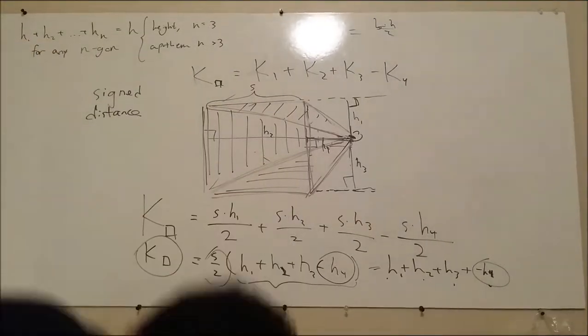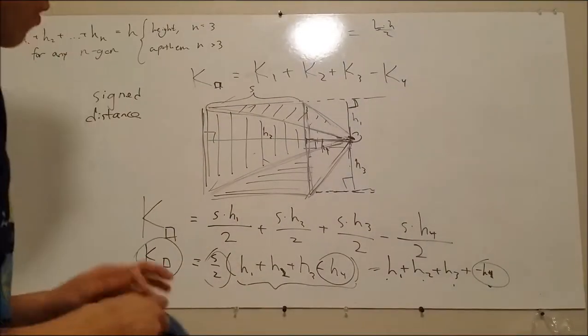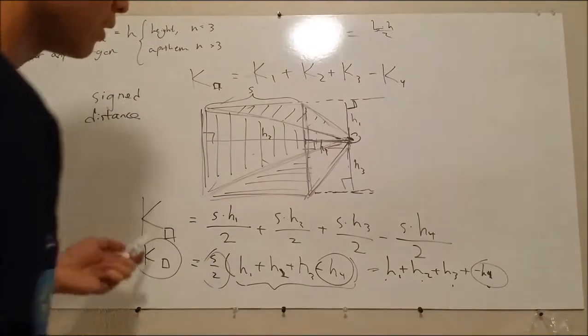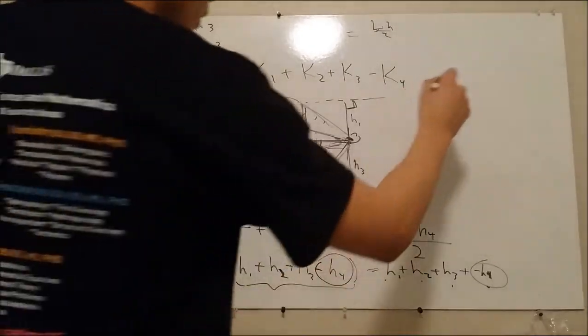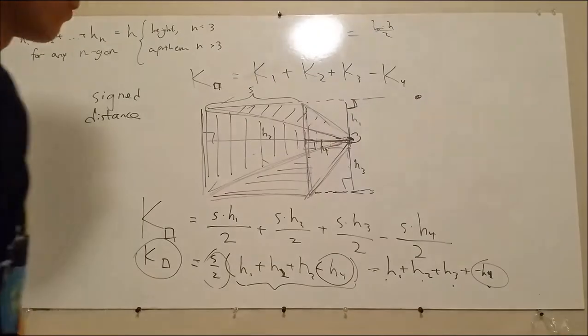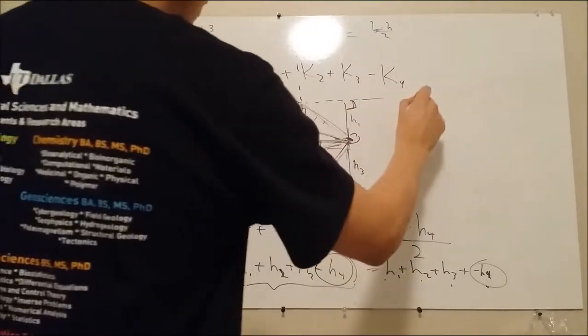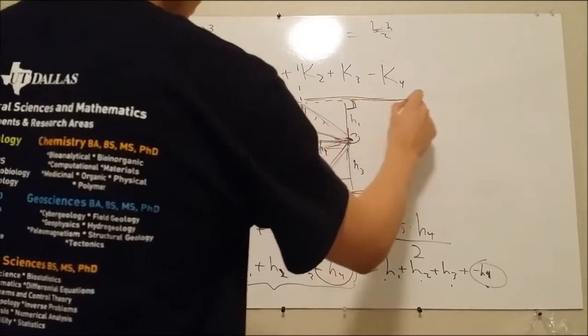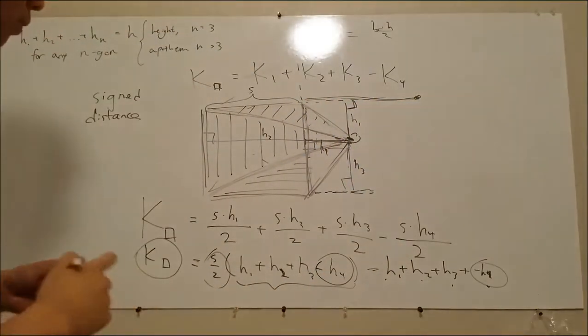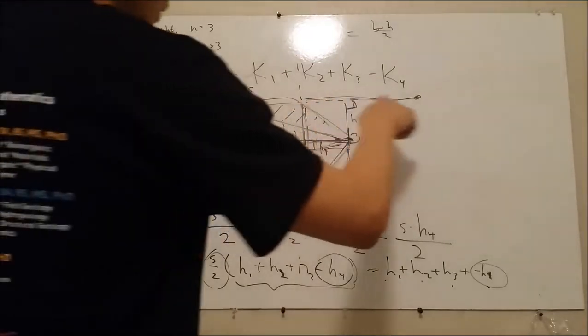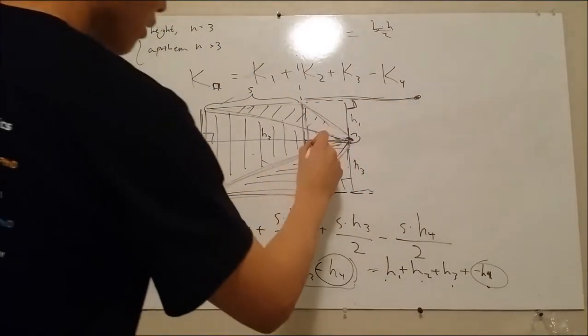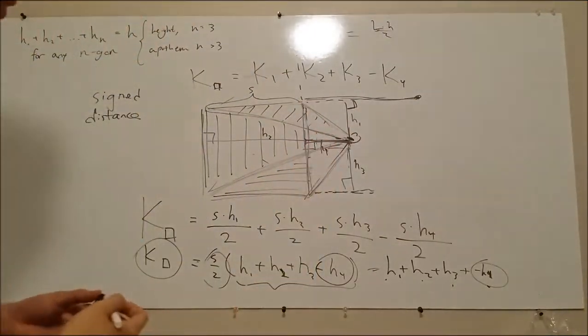Okay? And to clarify this, to be more precise, when we have a point outside of the polygon, when we approach an edge from the outside, okay, this is a negative distance. Okay, this right here, h4 has a negative distance.